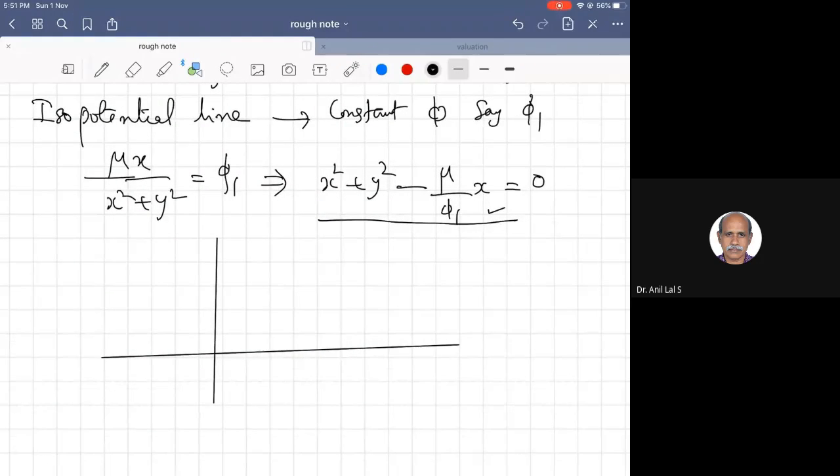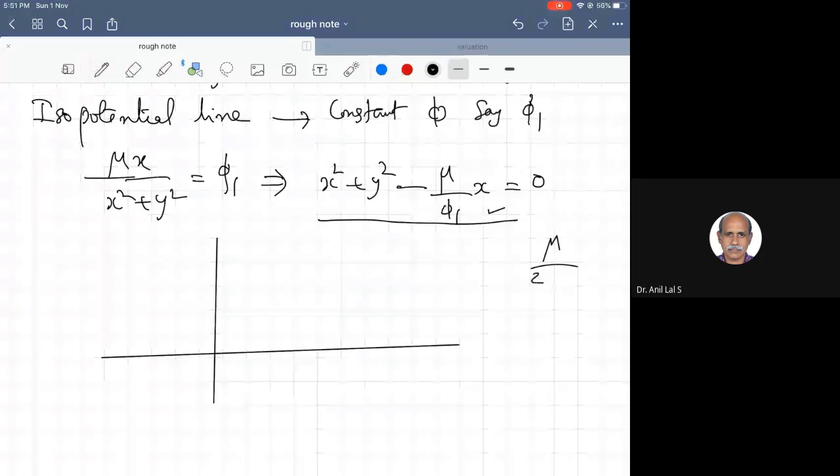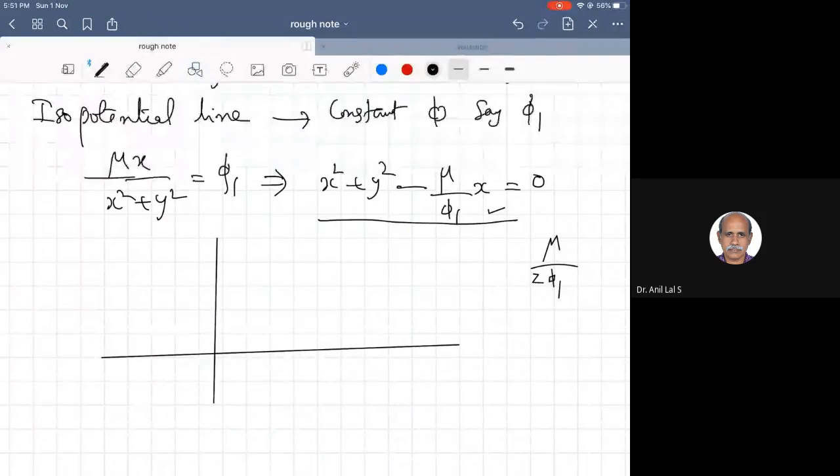So the radius of the circle is mu by 2 phi 1, and this is a circle touching the y-axis. So it is like this.